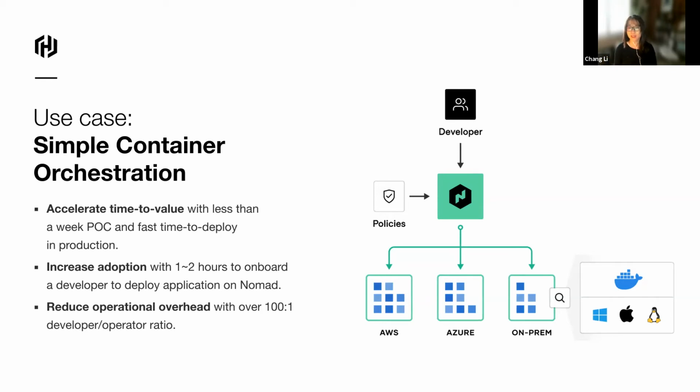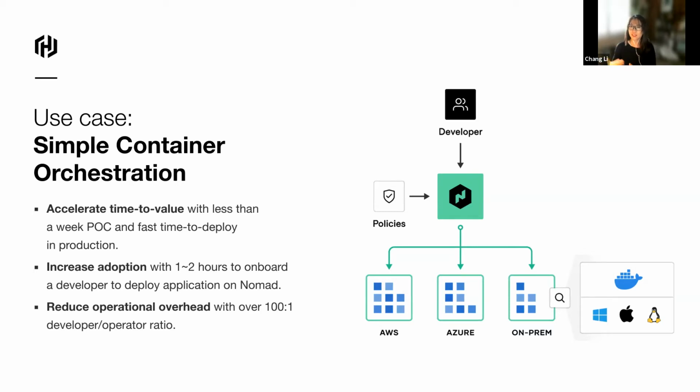The second piece is around adoption, or onboarding developers, because eventually the point of choosing or implementing an orchestrator is to provide a way to decouple the developer workflow and operator workflow, allowing developers to have full control over their application lifecycle management, without the operator being a blocker in the middle of the workflow. So allowing developers to directly consume the orchestrator is the key here, to have a self-serve workflow for developers.